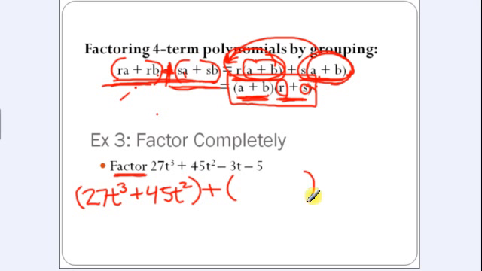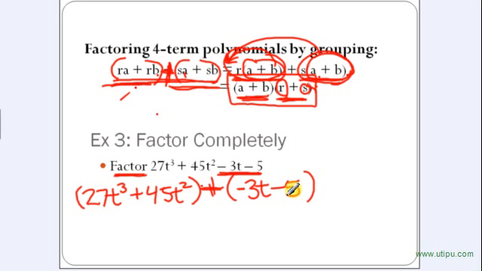Now, I don't want to put a minus sign in front of the parentheses because that would change the sign of both of these terms, and it's easy to make a mistake with that. So, if I'm consistent and just start with a plus sign in between, then I can continue with the negative in parentheses, minus 3t minus 5, and it still is equivalent to what I started out with.